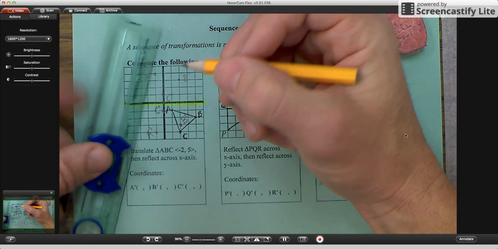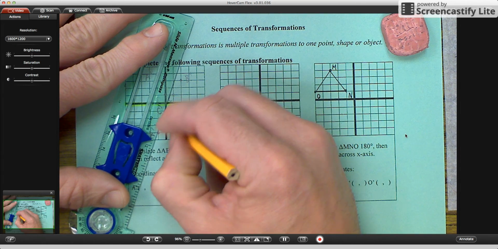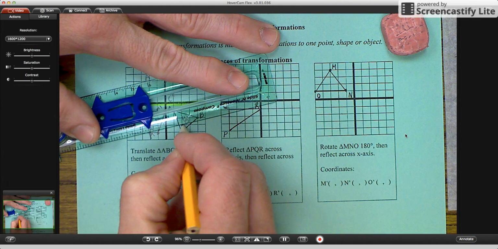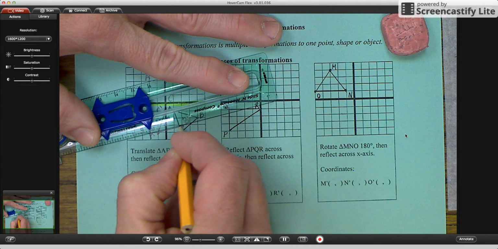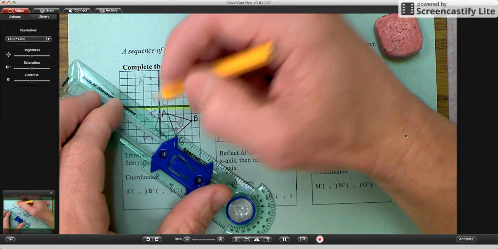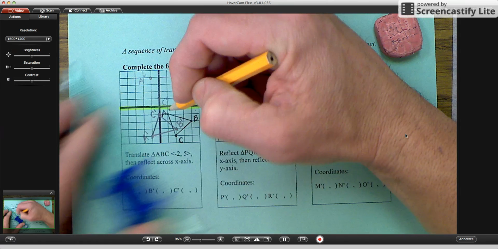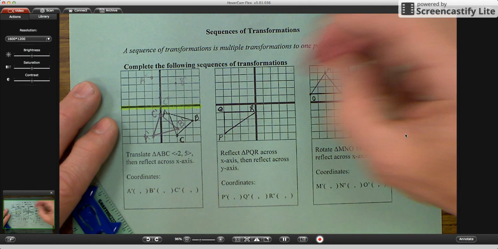And now I'm going to take my straight edge, and I'm going to connect A with C, and I'm going to connect vertex A with vertex B, and then I'm going to connect vertex B with vertex C. And we are done with our sequence of transformations.